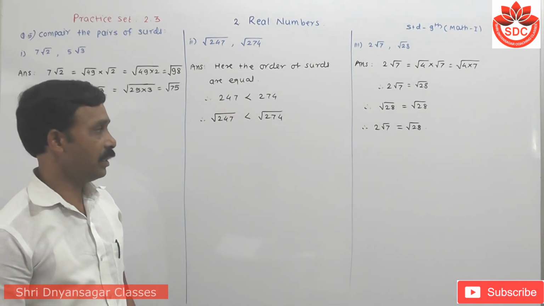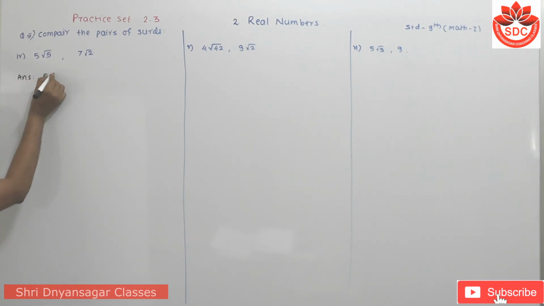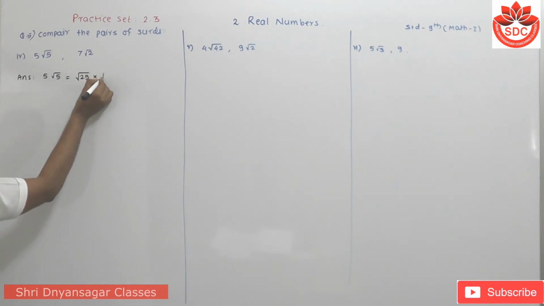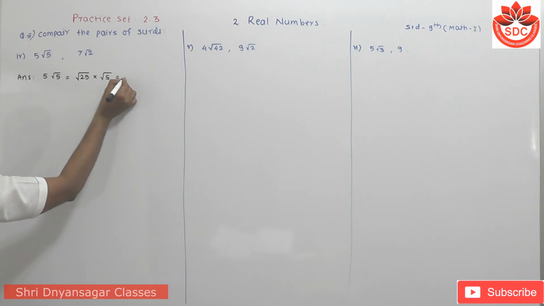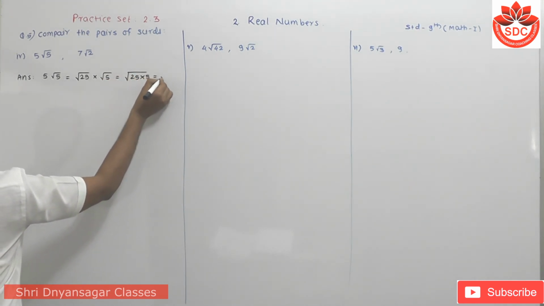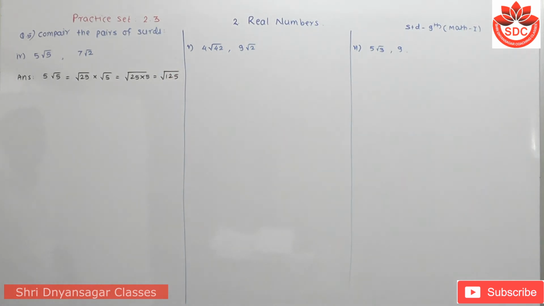We take the next examples. So question number 4, 5 root of 5 and 7 root of 2. The answer is, now 5 root of 5, we write here this 5 as root of 25 into 5, means root of 25 into 5 is equal to root of 125.